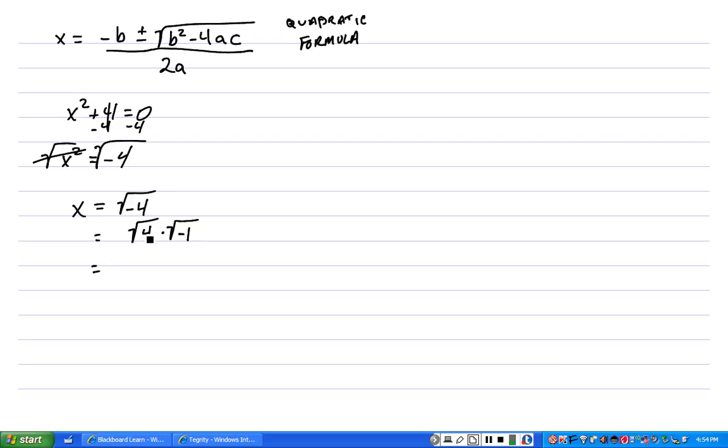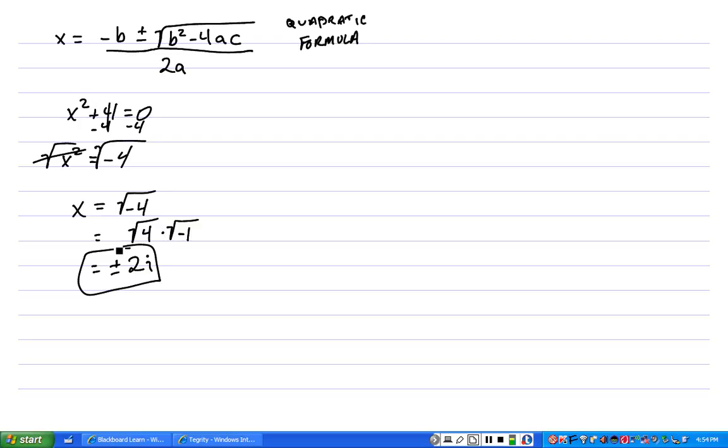And we know the square root of 4 is 2. But it could be a positive or a negative 2, right? Because a negative 2 squared is 4 and a positive 2 squared is 4. So it can be a negative or a positive 2. And we said that the square root of a negative 1 is just i. So your answer would be plus or minus 2i.